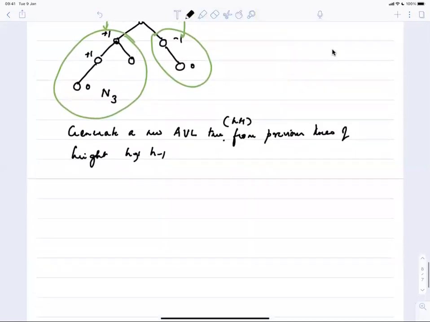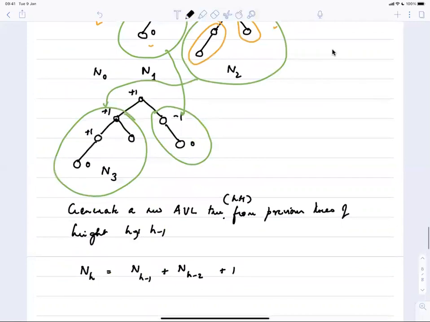Okay. So in general, we can write that if I have an AVL tree of height h, then it consists of nodes in a minimum-height tree. One subtree is of height h minus 1, another subtree is of height h minus 2. Okay, and we add an extra node. So let's count this. This is 1.